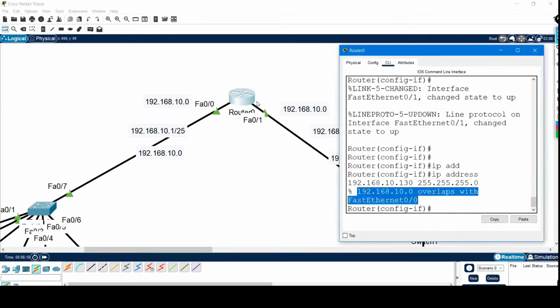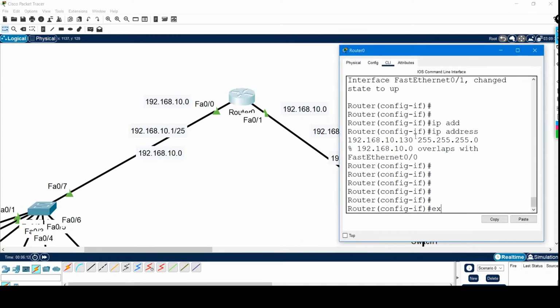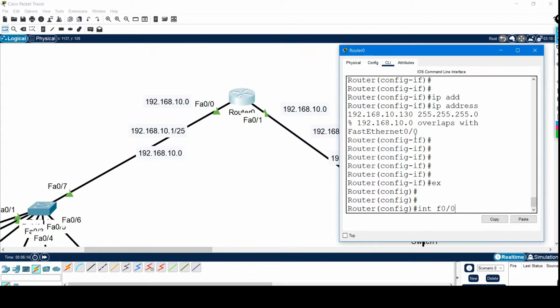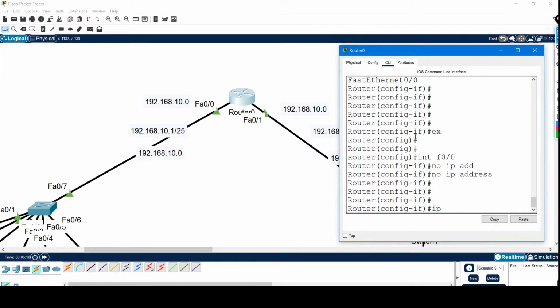So first of all, go to interface F0/0. Let me say no IP address. And now I am going to assign IP address 192.168.10.1, and this time I am using /25, 255.255.255.128.